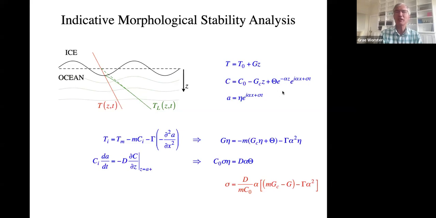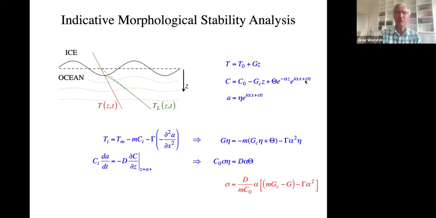I want to indicate that in general, one can study this mathematically by taking the linear temperature and linear salinity fields and adding to that a small perturbation which is varying sinusoidally, e to the i alpha x, with wave number alpha and a growth rate sigma.